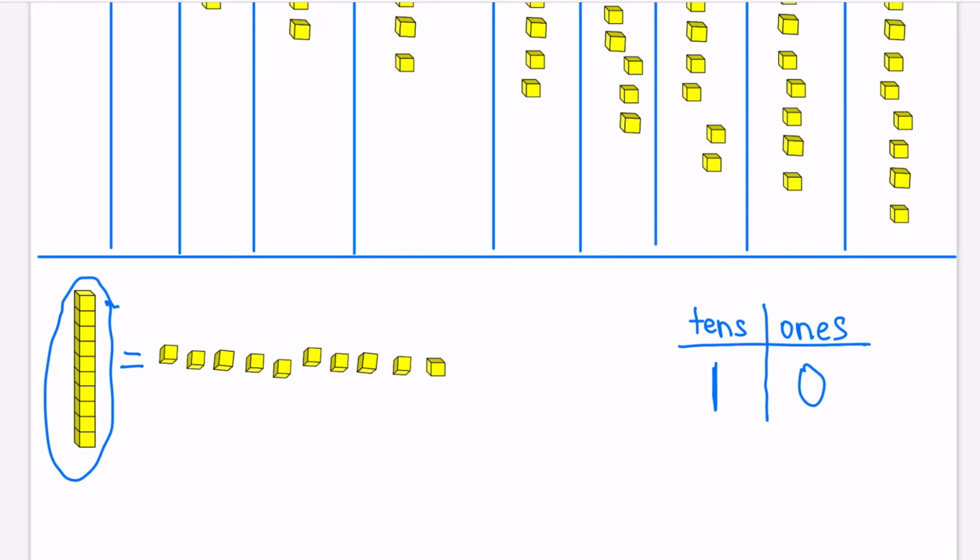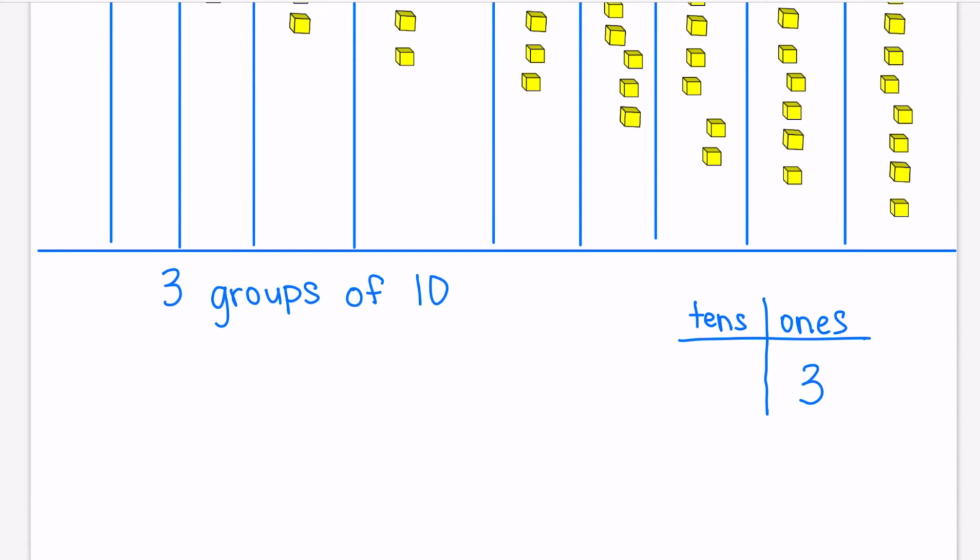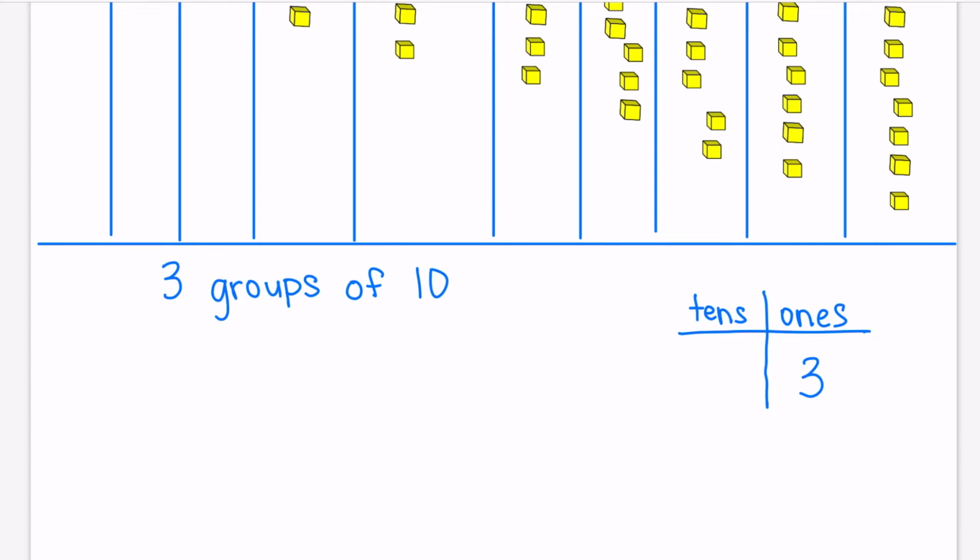Okay, so now we're going to look at how we can use this as a strategy when multiplying by 10. For this example, we are going to look at 3 groups of 10. I'm starting with 3 groups. So I'm thinking about a 3 in the ones place. What I'm going to do is start building these groups of 10.